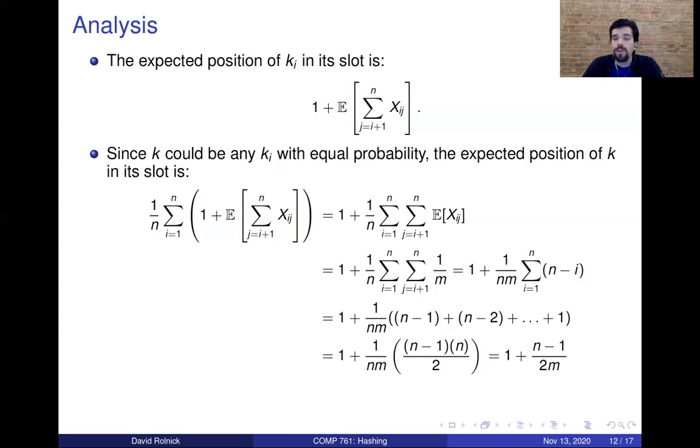Previously we had that the time was theta of 1 plus alpha, where alpha is equal to n over m. What is the expected time now, in the situation that the key is actually in our hash table? Previously, we were looking at the situation where it's not in the hash table. Now we're looking at the situation where it is in the hash table.